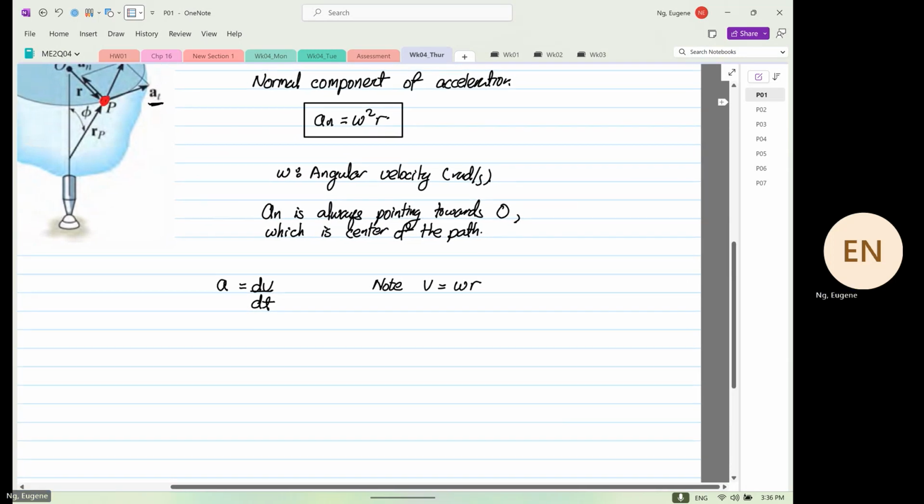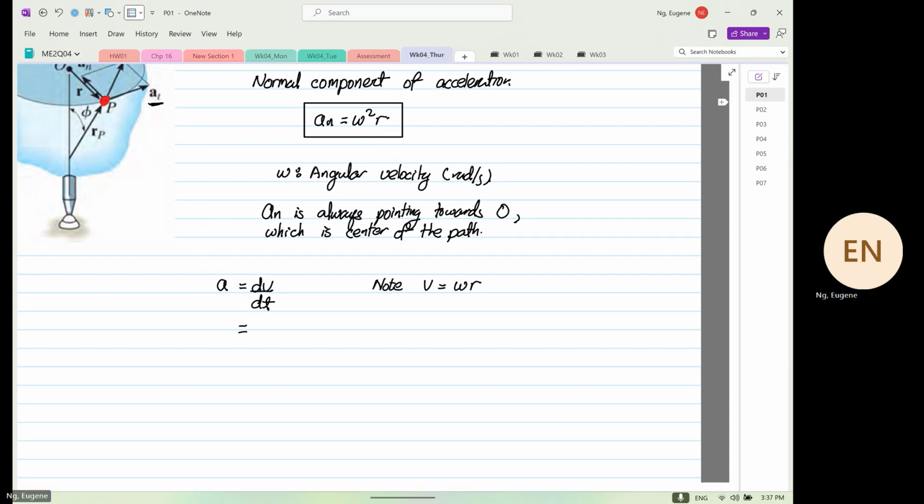Okay. So now if we substitute V into this component over here, you have d omega r over dt. So this can be written as d omega over dt multiplied by r plus omega cross dr by dt.